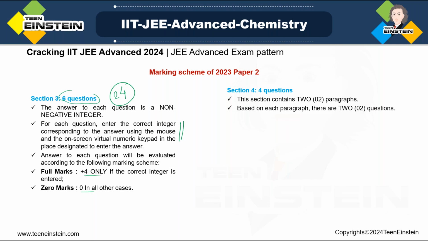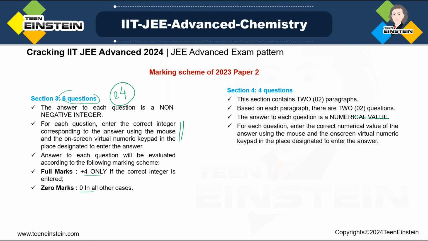Now the pattern is you will be given 2 paragraphs. Based on each paragraph there will be 2 questions. That means 2 paragraphs, 2 questions per paragraph, means a total of 4 questions, right? Now the answer to each question is again a numerical value. So it is not just paragraph based, but also a numerical value answer. Whenever there is a numerical value, you can enter it using the mouse or the on-screen virtual numeric keypad.